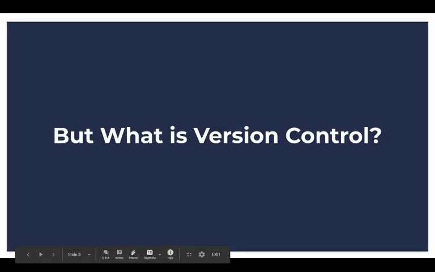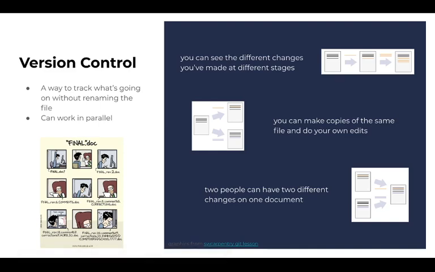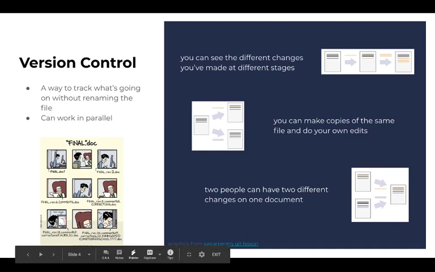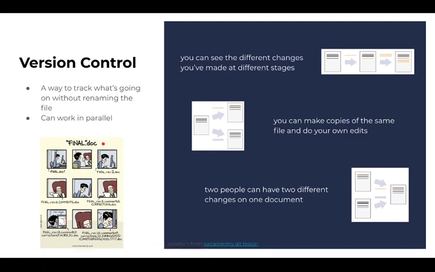But again, what is version control? Version control is essentially a way to track what's going on without renaming the file. So if you look in the bottom left right here, this little finals comic, you'll see that, if you've ever had to save multiple copies, multiple drafts of something, you'll save a Word doc and you'll call it final.